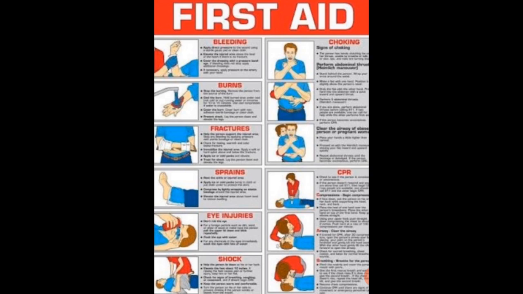Suppose you see your friend bleeding or he has a cut or a wound; the skin breaks and bleeds. When a person is suffering from serious cuts, what are you going to do? The first and most important thing is to raise the affected part to minimize the flow of blood.